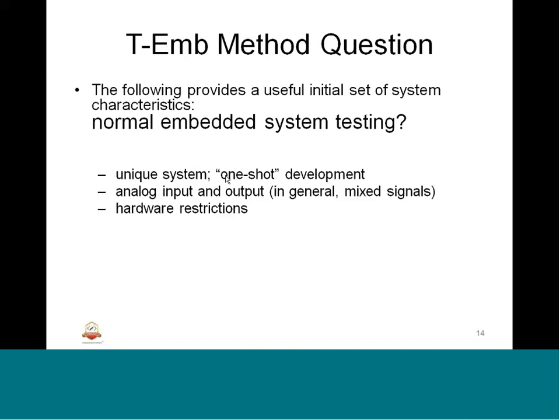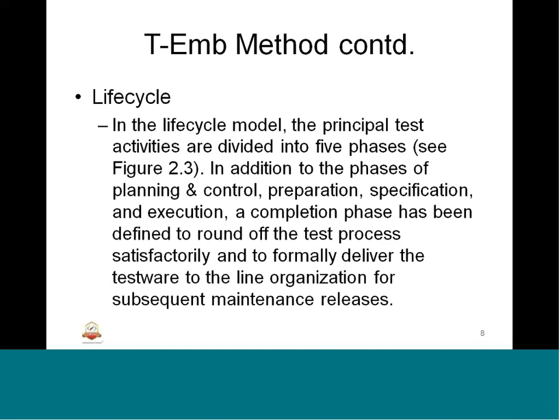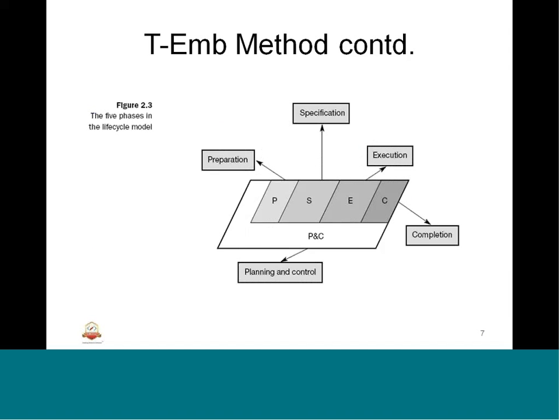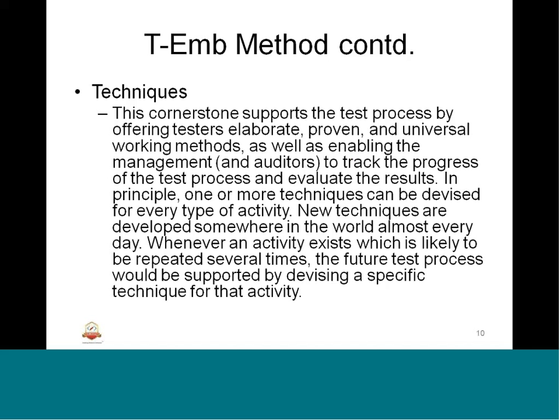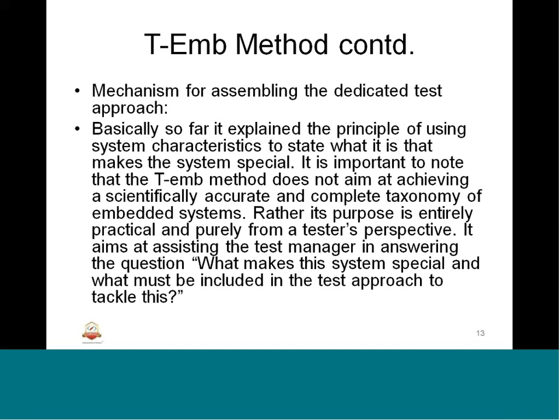That is about the TM method. So we know that the TM method has 4 cornerstones, and with the help of these 4 cornerstones, life cycle, techniques, infrastructure, and organization, we will devise the TM method.